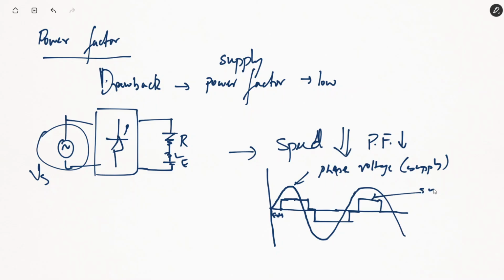This is our supply current. Supply current will actually follow the load current, but the load current will be DC in nature. Supply current will be AC in nature.